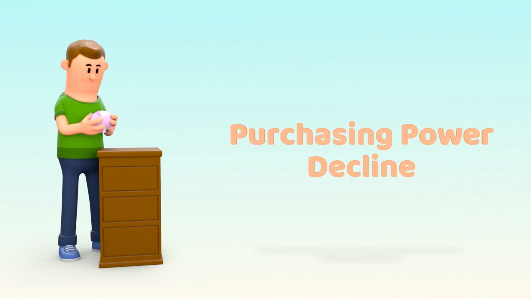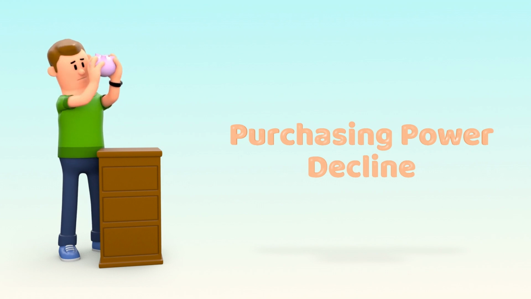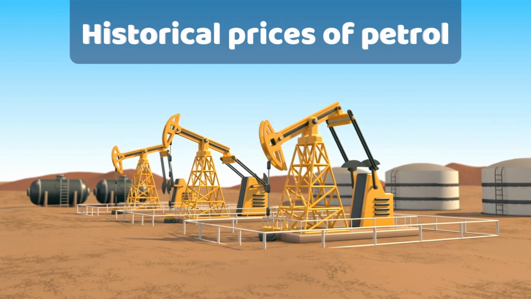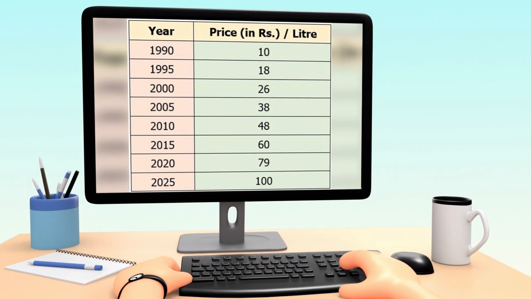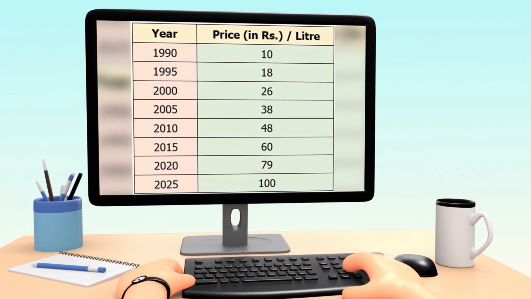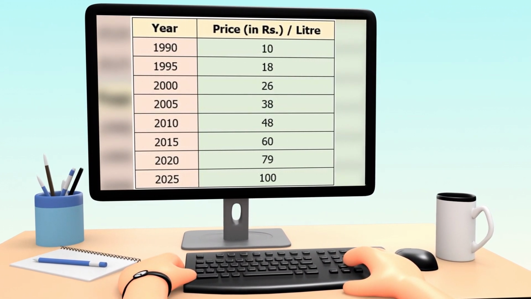With the same amount of money in hand, you will be able to buy a lower quantity of the product at that time. Let us take the example of petrol prices in India over the last 3 decades. If you see this table, notice if you had 100 rupees with you in 1990, you could buy 10 liters of petrol.